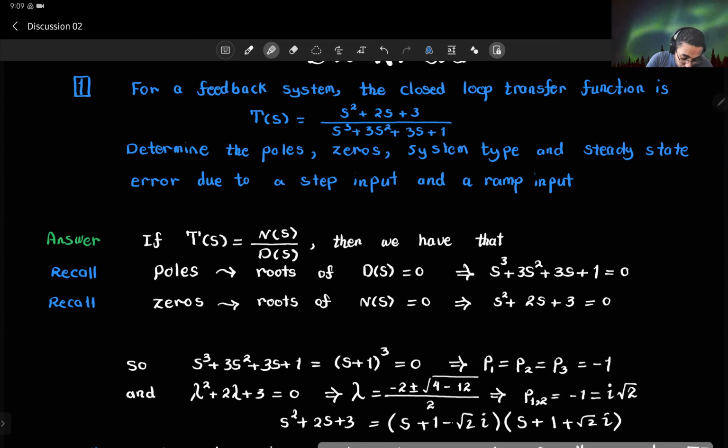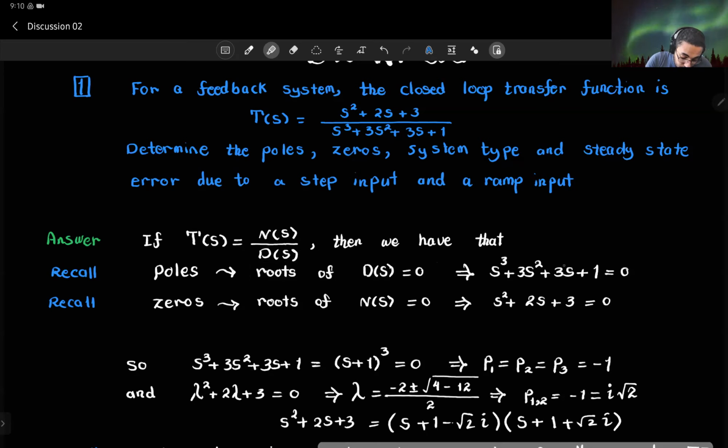Then the poles of the system are basically the roots of the equation D of s equal to 0. These are the closed loop poles of the system.